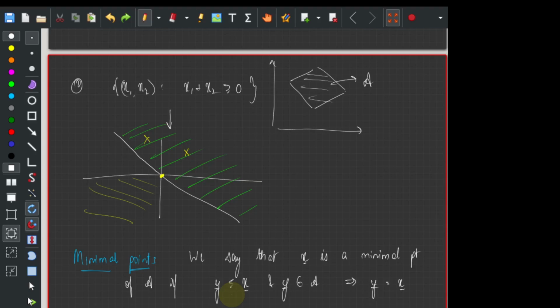Well, it need not, if this is not satisfied at all, then you could still call it minimal, but let me say that x in A is a minimal point if this is true.